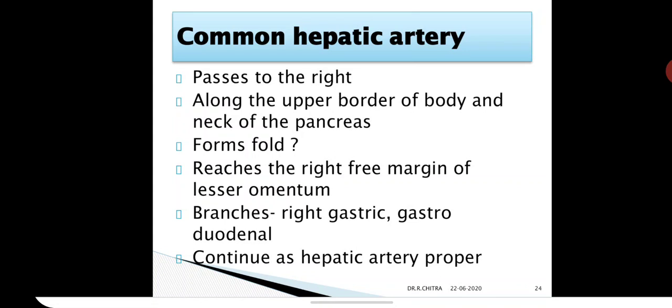So after forming this fold, it will reach the right free margin of lesser omentum. The contents of the right free margin of lesser omentum we have seen in the lesser omentum class. It gives branches right gastric and gastroduodenal. Then it will continue as the hepatic artery proper in the right free margin of lesser omentum.